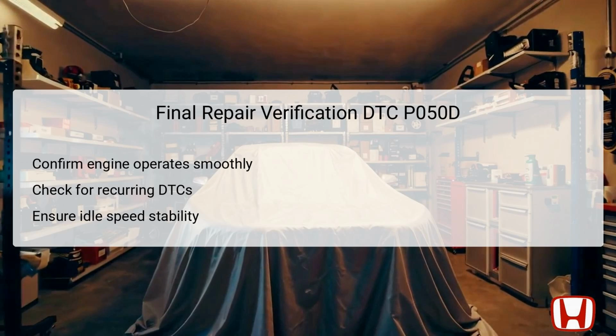Additionally, it is essential to check for any reoccurrence of DTC P050D within the Honda Diagnostic System (HDS). Ensuring the idle speed is stable during various operating conditions is also a crucial part of this verification process. If all checks are satisfactory, it indicates a successful resolution of the idle speed problem.